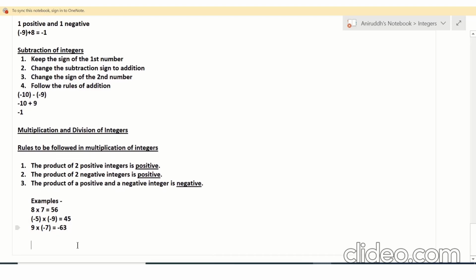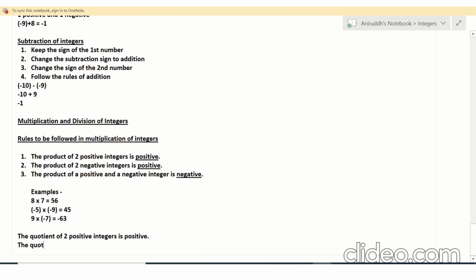Now, in division of integers also, we need to follow the same rules as in multiplication, which means the quotient of two positive integers is positive.